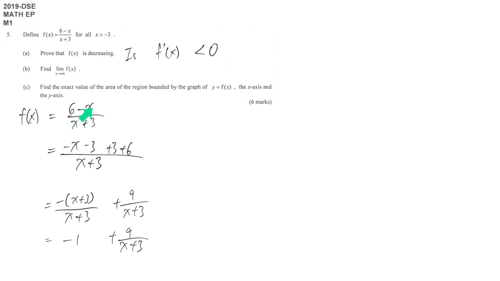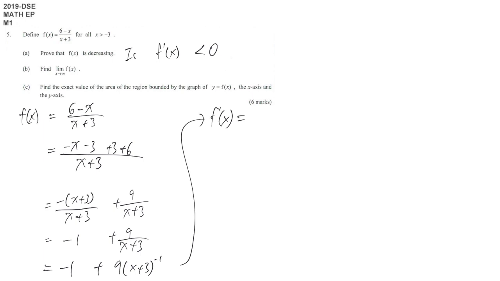Originally, x exists both in the numerator and denominator, but we just change the format, separate this, offset the same degree. We make it become x in the denominator only. And also, I get used to writing x plus 3 to the power negative 1, this format, so that we can get the derivative of f x very easily.